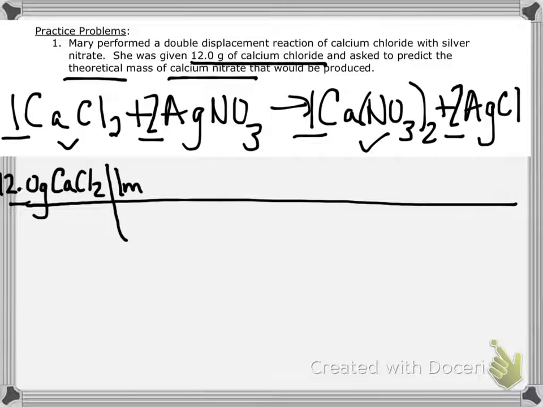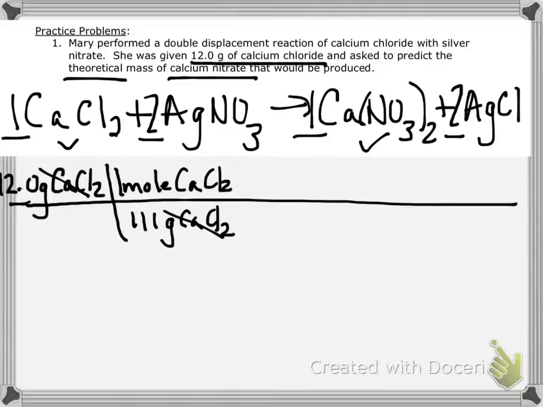So I'm going to put 1 mole of calcium chloride on the top. And I'm going to look on the periodic table and find the molar mass of calcium chloride. When I add up the mass of 1 calcium and 2 chlorines, I get 111 grams of calcium chloride. Well, that's going to let me cancel out grams.